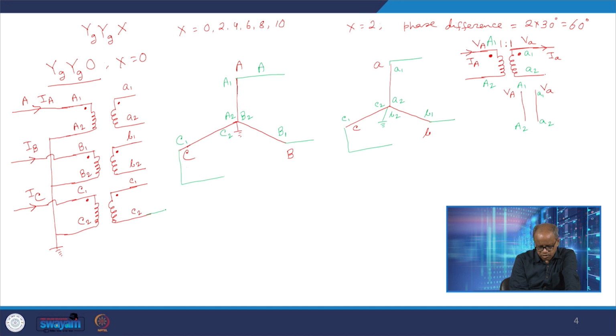So, A2, B2, C2, I put them together and ground them, and from the A1 terminal I will take phase A, from the B1 terminal it is phase B, and from the C1 terminal it is phase C, right.